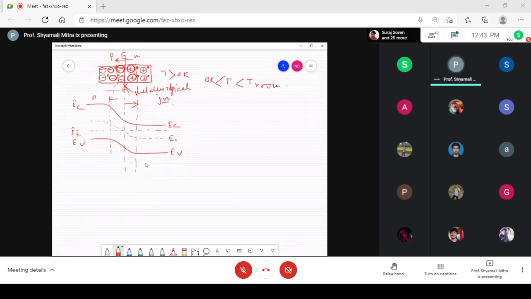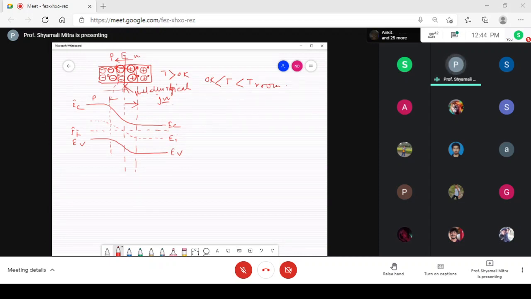While drawing this energy band diagram, EI should be at the middle of EC and EV, and the Fermi level must be constant throughout this system, to indicate that this system is working under thermal equilibrium. So EF is aligned for both the P region and the N region.